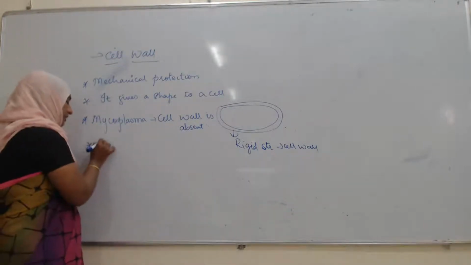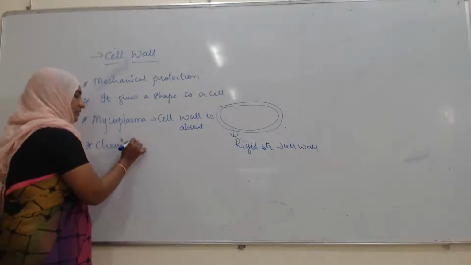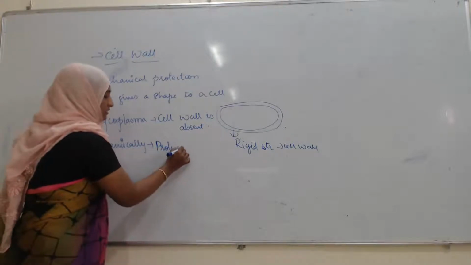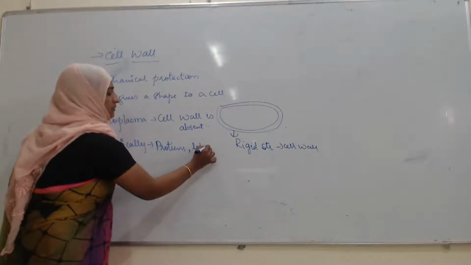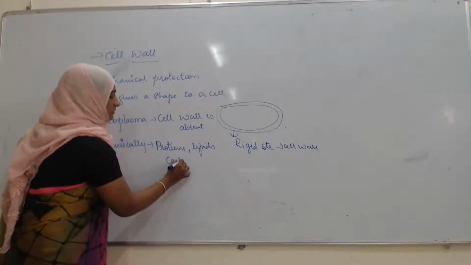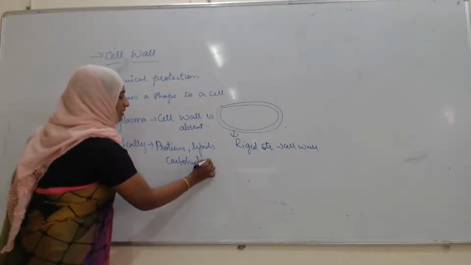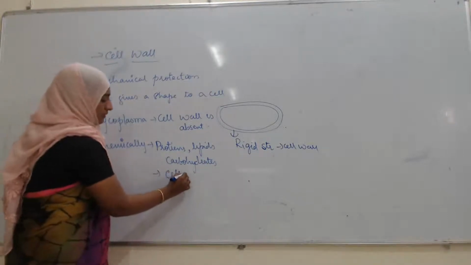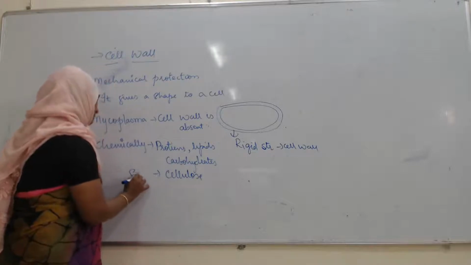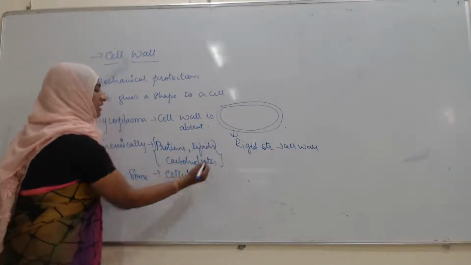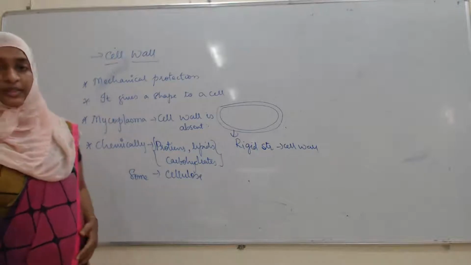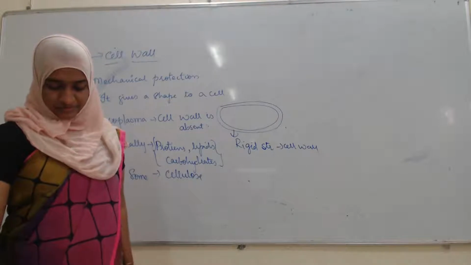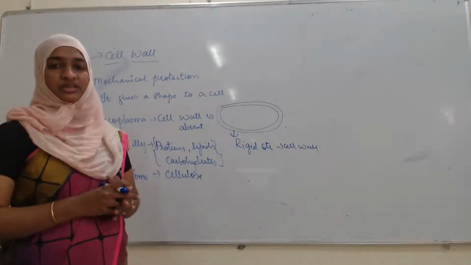Chemically, it is made up of proteins, lipids, carbohydrates, and some of the cell walls of prokaryotes will have cellulose. Only some, not all, but in all of them the chemical components are protein, lipids, and carbohydrates.